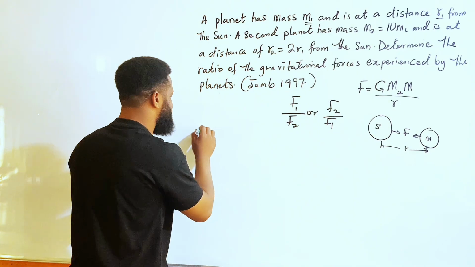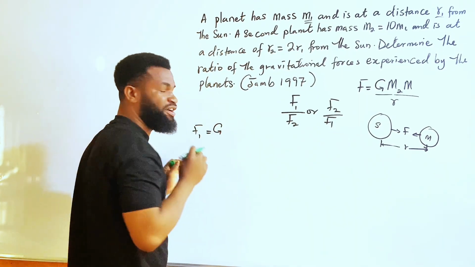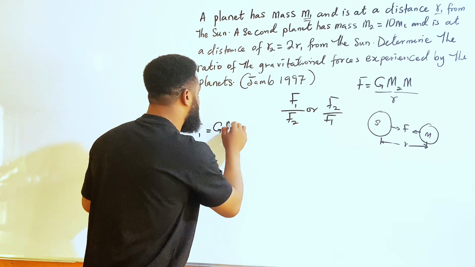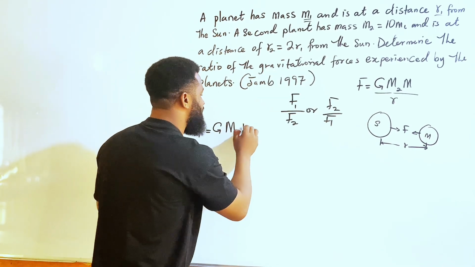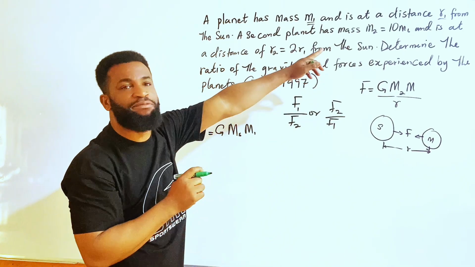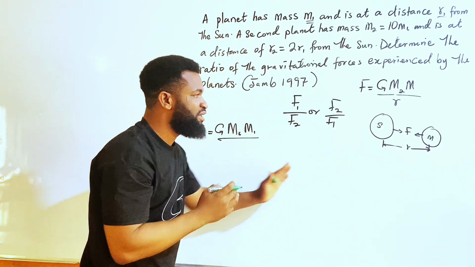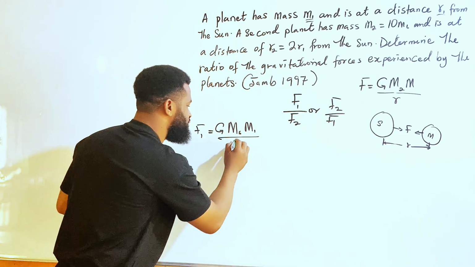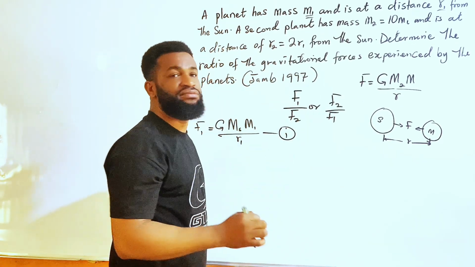So F1 is equal to G, the gravitational constant, times the mass of the sun, ms, times m1, the mass of the first planet, all over the distance separating the sun and the planet, which is r1 squared. This is my first equation.